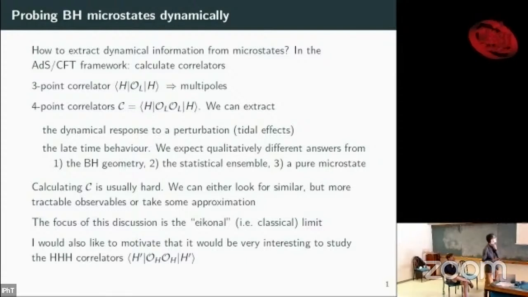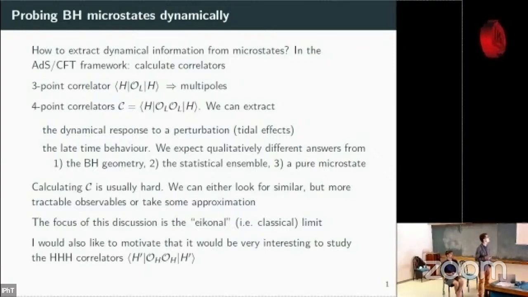Okay, so let me start with some motivation coming from the microstate story before going to the flat space. So the main idea is how to extract dynamical information from microstates, right? So in the IPHT framework, we have very concrete observables that we can calculate.